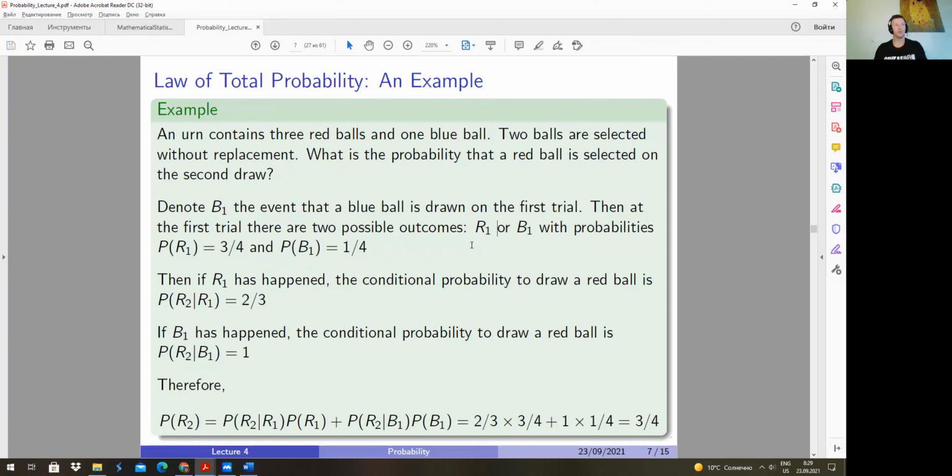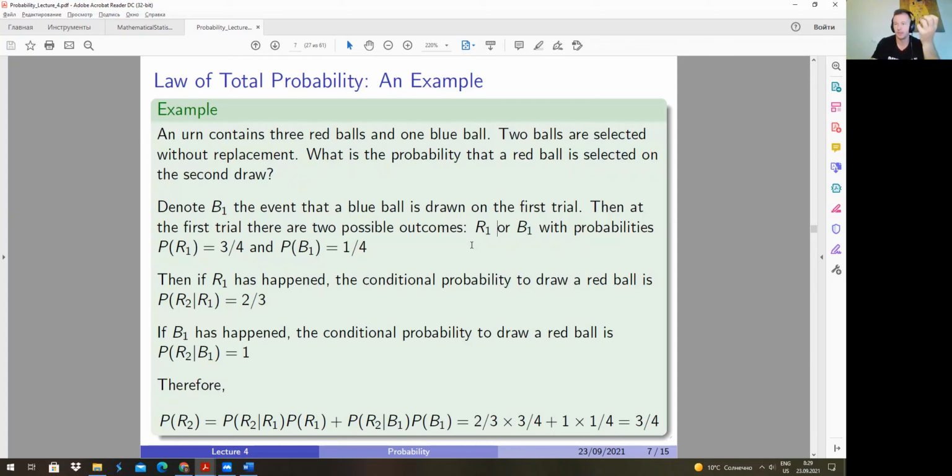Okay, so look, just in general, you want to know the probability to get a red ball on the second draw, unconditional probability. No conditions there, just if you have this urn with 3 red balls and 1 blue ball, what is the probability to get a red ball on the second step. So now you try to break up this event into two pieces.